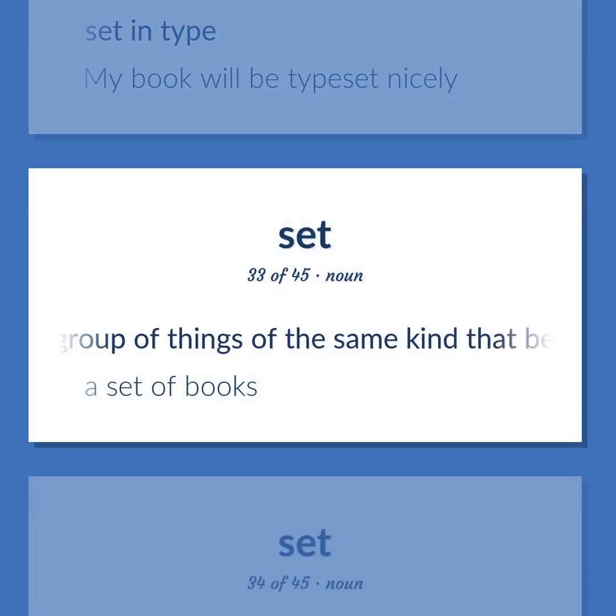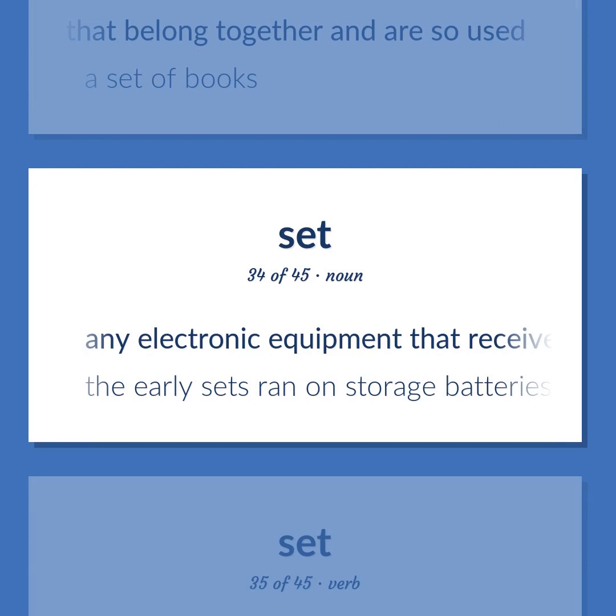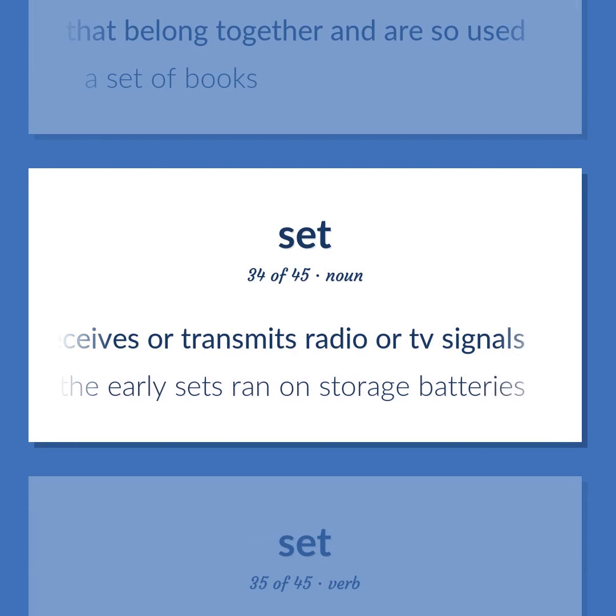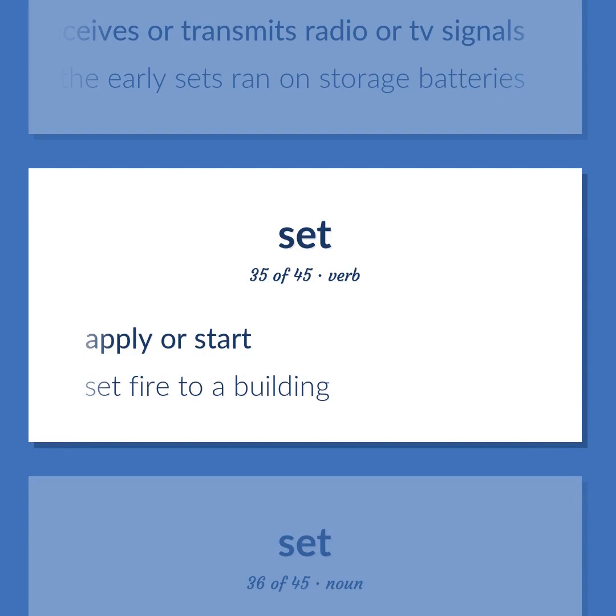A group of things of the same kind that belong together and are so used. A set of books. Any electronic equipment that receives or transmits radio or TV signals. The early sets ran on storage batteries. Apply or start.